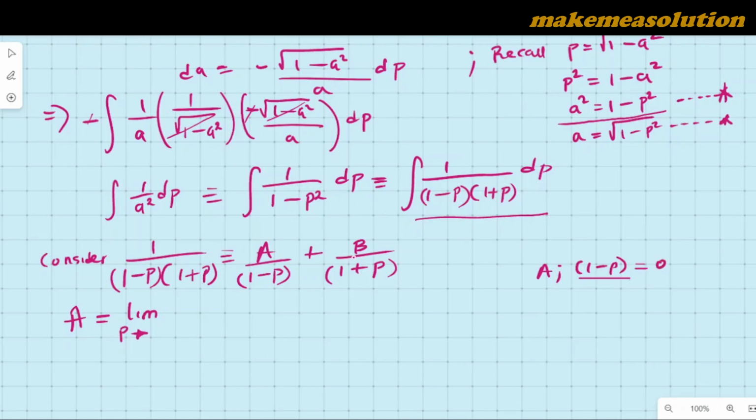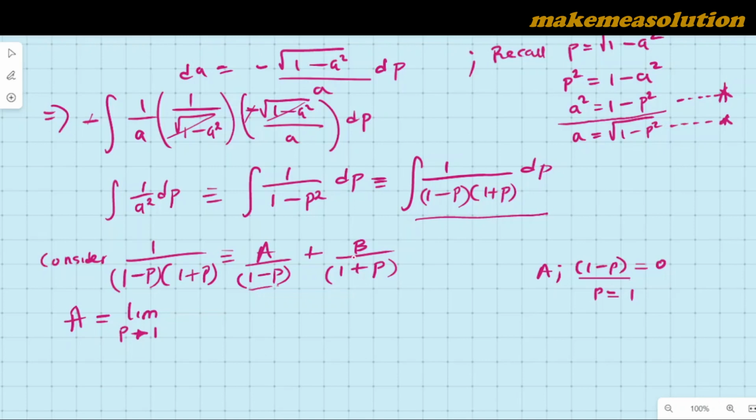So equating it to 0, I'll get p is equal to 1. If you put p equal to 1, this particular linear factor will be 0. So our limit should have a value of p that will tend to a number such that when you place it into this linear factor, it will be 0. In this case, the limiting value of p will tend to 1.